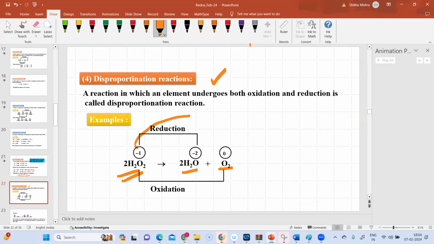In one place, it is being converted into 0, right? That is, it is increasing. Increase in oxidation number is oxidation. And in the second case, it is decreasing. H2O2 is being converted into water, where the oxidation number is -2. So please note it down, Ritika, that a disproportionation reaction is one in which the same substance undergoes oxidation as well as reduction.